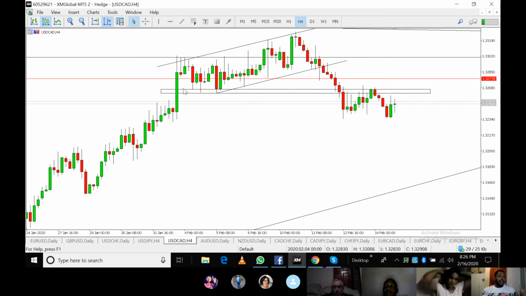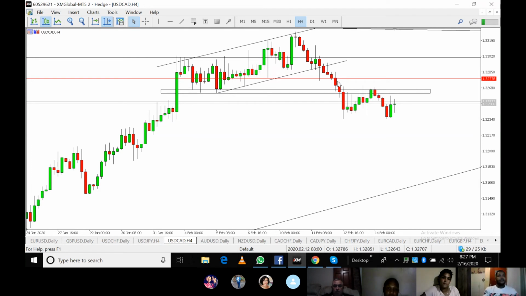So as you can see now that I've expanded the line a little bit, this rectangle is representing a price zone where we have one, two, three rejections of support, meaning it pushed price back.